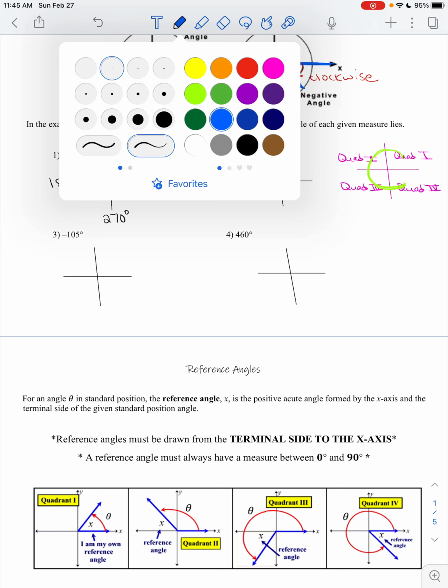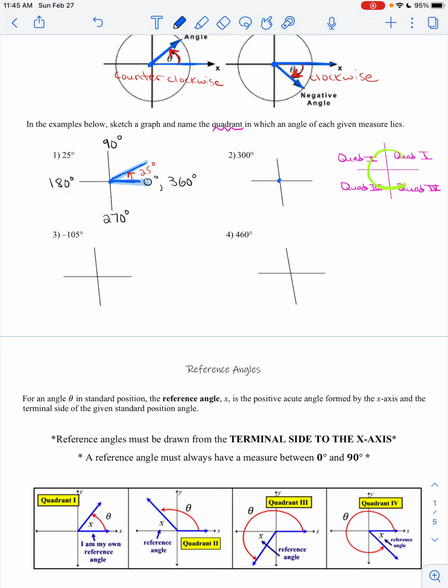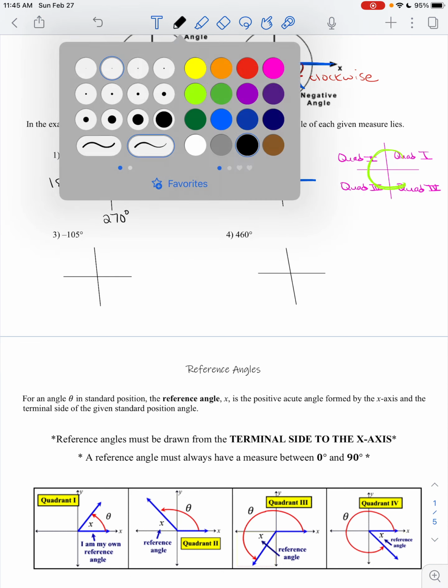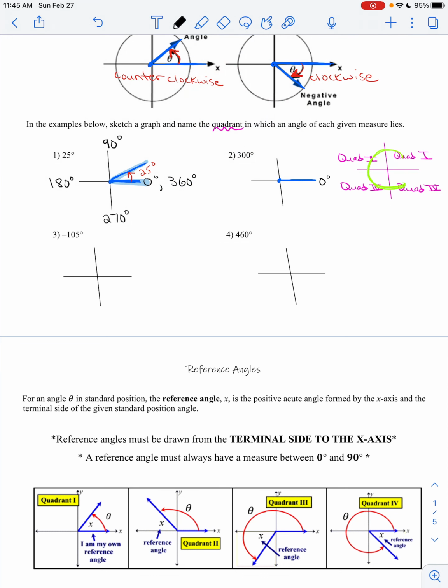If I were to draw an angle of 300 degrees, here I am, starting at my positive x-axis, starting at 0 degrees, this would be 90, 180, 270, 360. So when I draw my angle, I want to think, okay, I have to go past 90. Oops, let me use red.